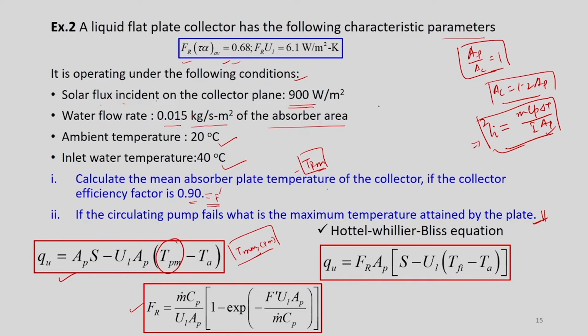This is something like M by AP, which is given as 0.015 kg per second per meter square. We can put a dot here because it is a flow rate.